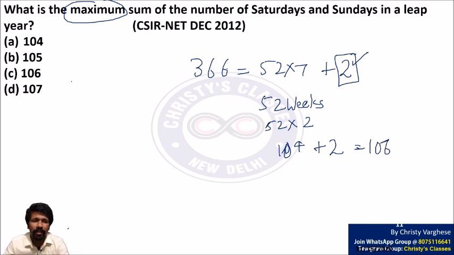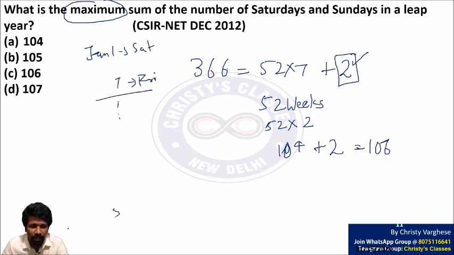Now if you are thinking how it is possible, just take the first day of the year, Jan 1, as a Saturday. If Jan 1 is a Saturday, you are completing 1 week on Jan 7th, which will be a Friday. Like this, 1 week, 2 weeks, 3 weeks, 4 weeks, up to the 52nd week, when you complete the 52nd week, that will be completed on a Friday.